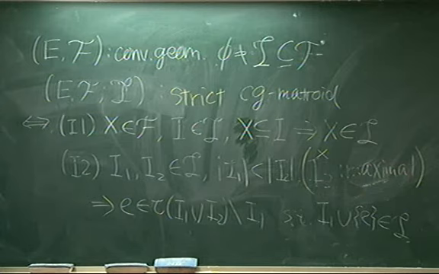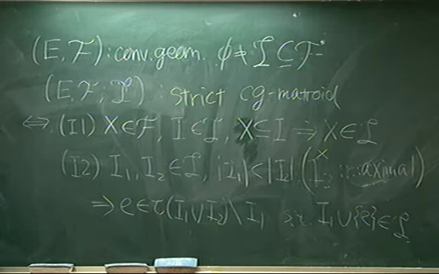The difference is here. And an example is, let E be a convex geometry in R2, consisting of 5 points. And let the script F be the family of these 4 sets, 1, 2, 3, and so on.